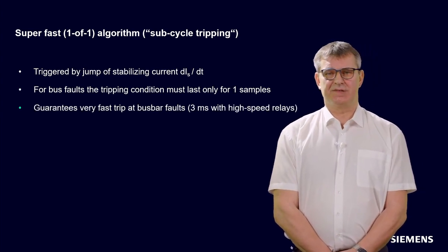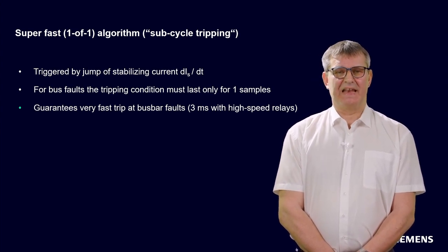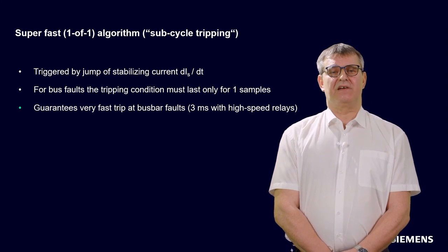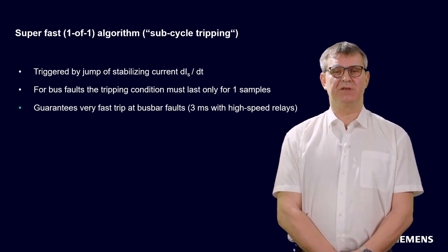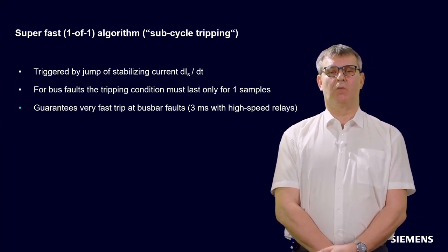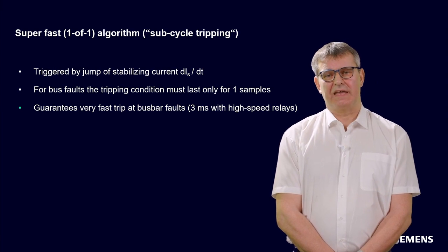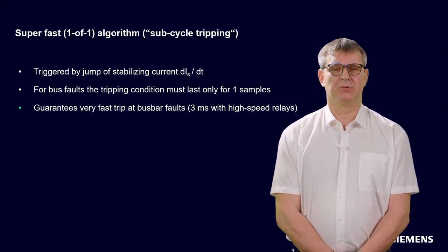And this is really our most important algorithm, which guarantees a fast trip of busbar faults. And if you use our electronic high-speed relays, this 1 out of 1 algorithm can trip a busbar fault within the complete time of 3 milliseconds.